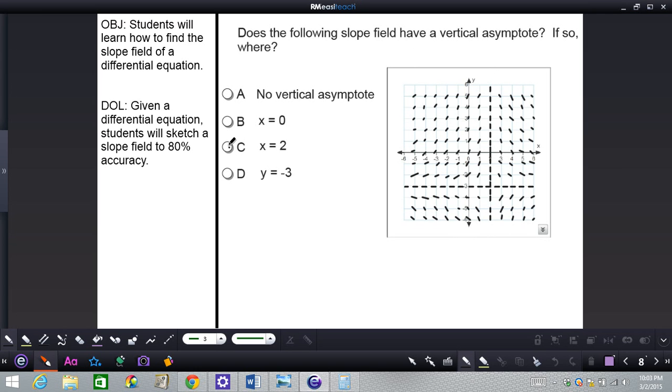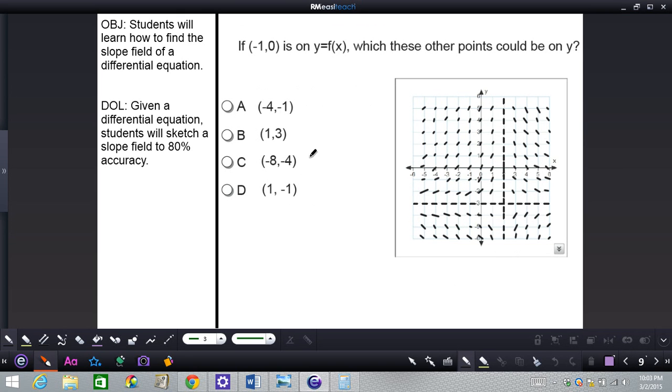If -1, 0 is on y equals f of x, which of these other points could be on y? Well, that means we need to graph it. -1, 0 is right here, and that looks like it was tilting upward to here, which looks like it's also tilting upward to here, and then it hits an asymptote, and you guys know asymptote means it's going to hug the asymptote, but it's not going to cross it.